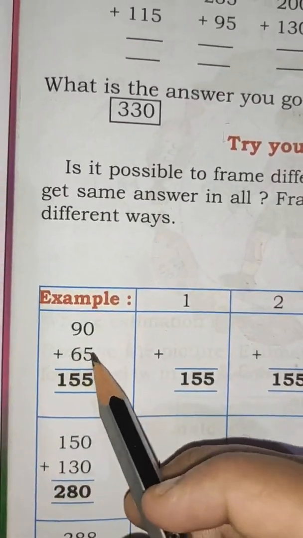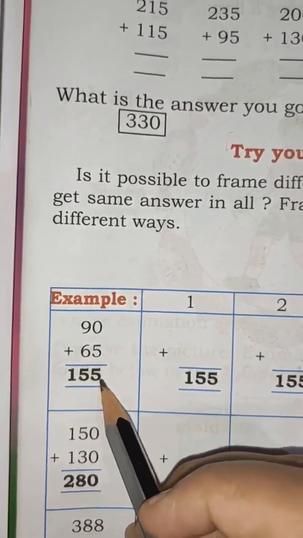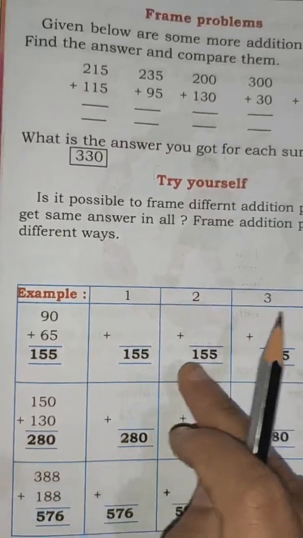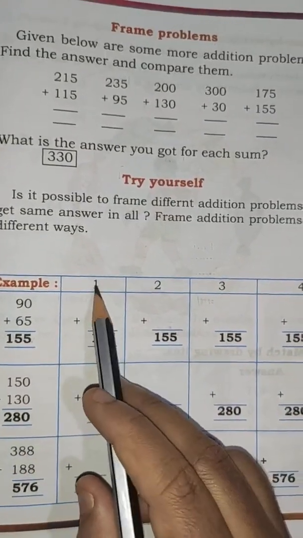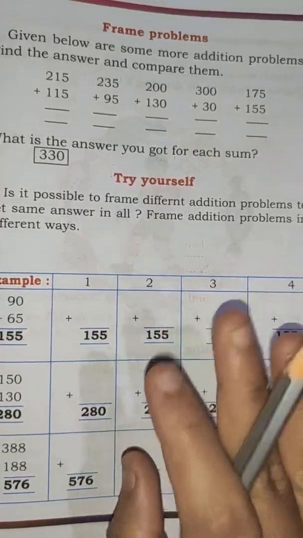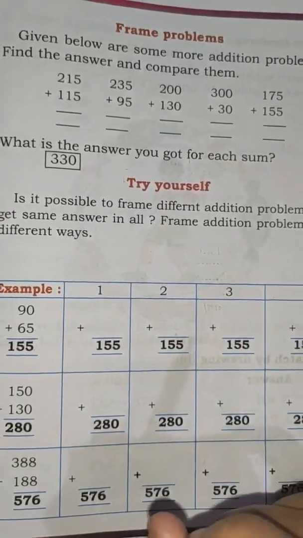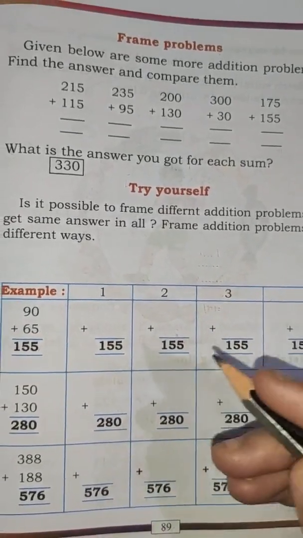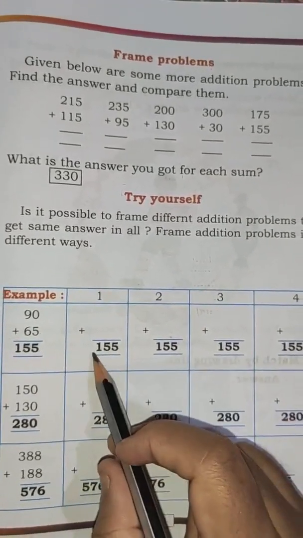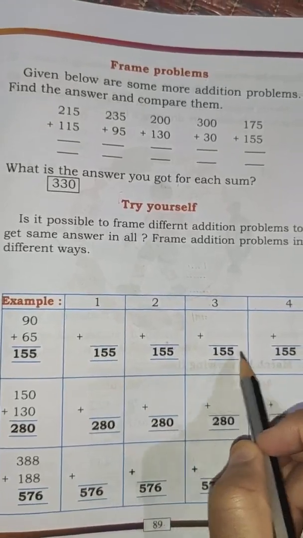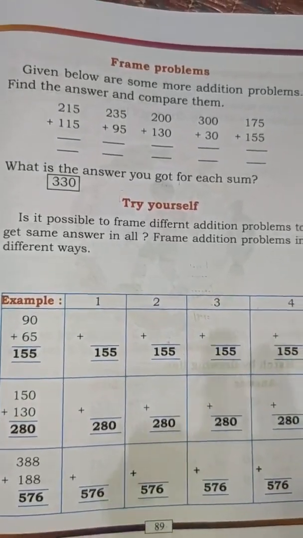Yes, 90 plus 65 is 155. In the same way you have to frame four problems, but when you add them you have to get the same answer, 155.